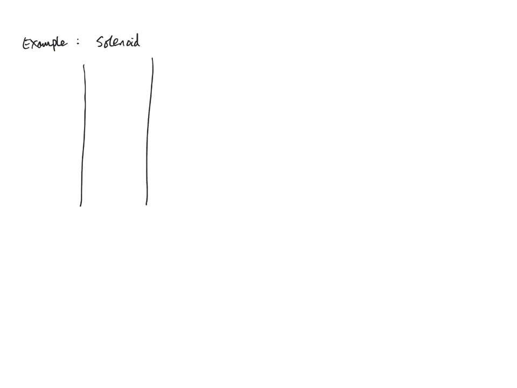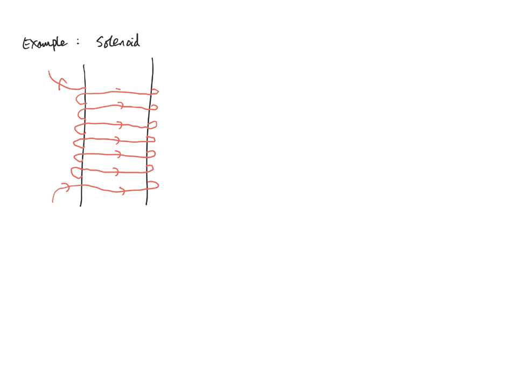We have some kind of cylinder, and then we have a wire loop that wraps around our cylinder with many loops of this wire. And a current is made to flow in this wire. We'll say that this current is a current I.